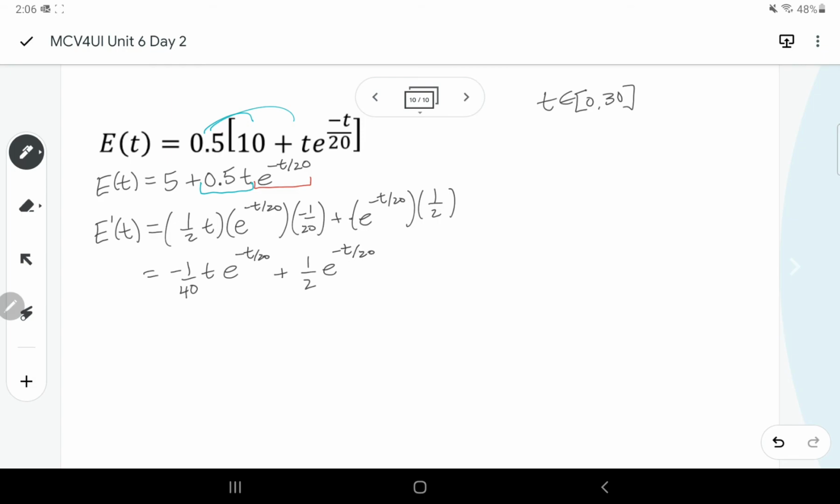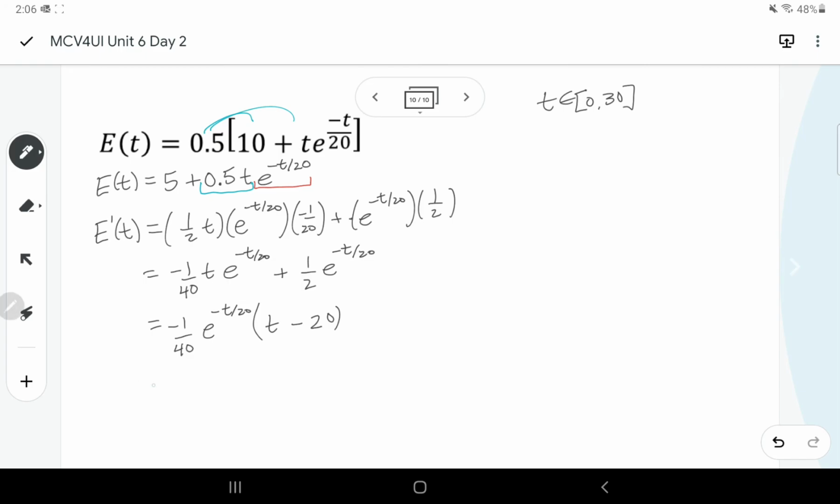So now I want to make sure I factor here. So I'm going to factor out negative 1 over 40 e to the negative t over 20. And here I get t minus 20. Because 20 times 1/40 is 1/2.